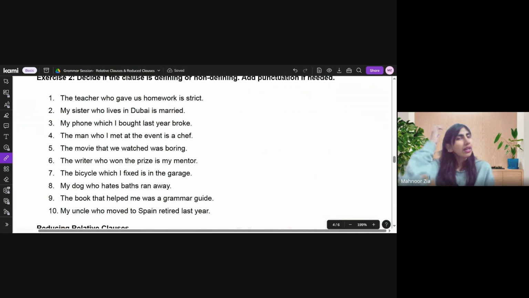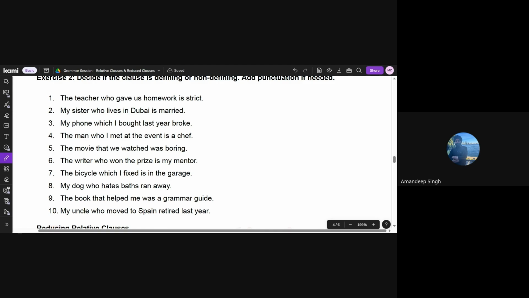Okay, so over here we have to decide if the clause is defining or non-defining. So for example, how would you do the first one? Where would you put the commas if they are needed? Is this information necessary to the context or no? The teacher who gave us homework is strict. I don't think so. There should be a comma.